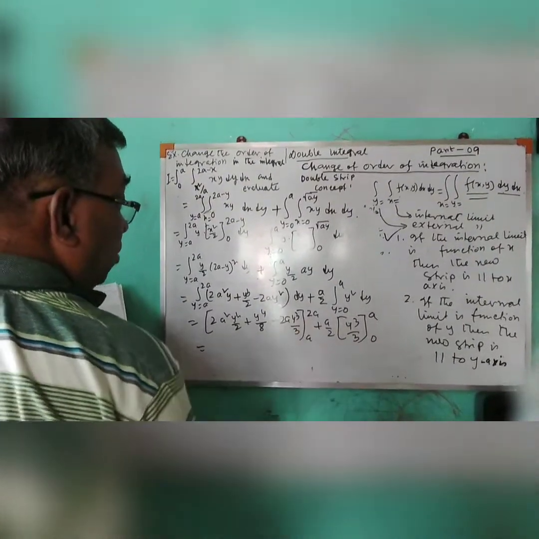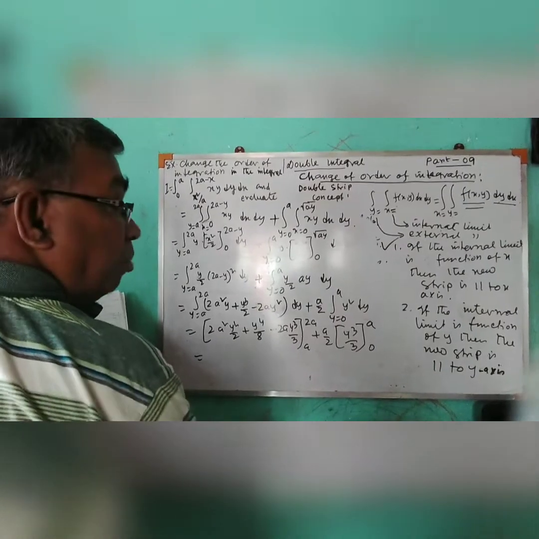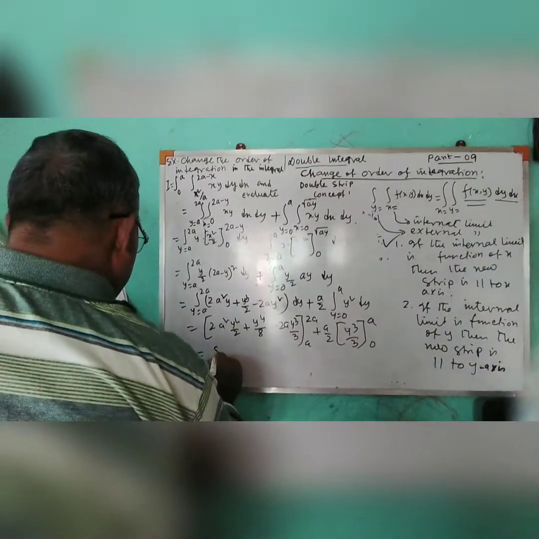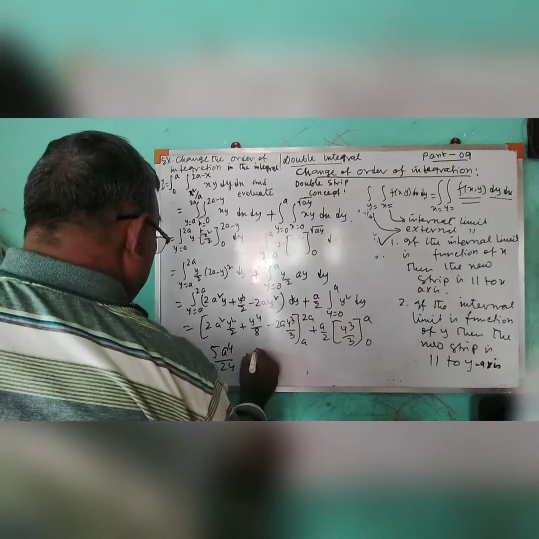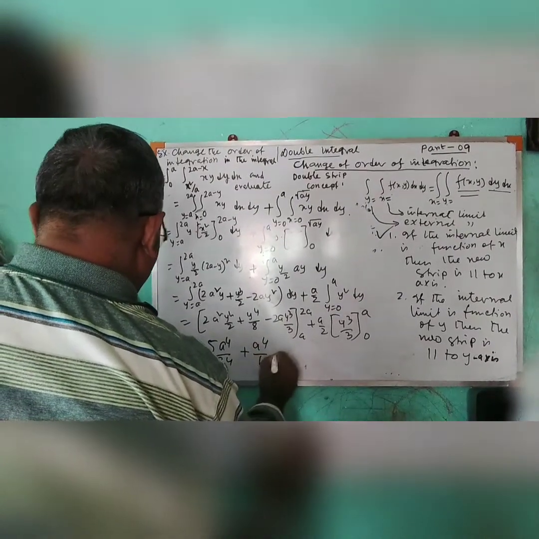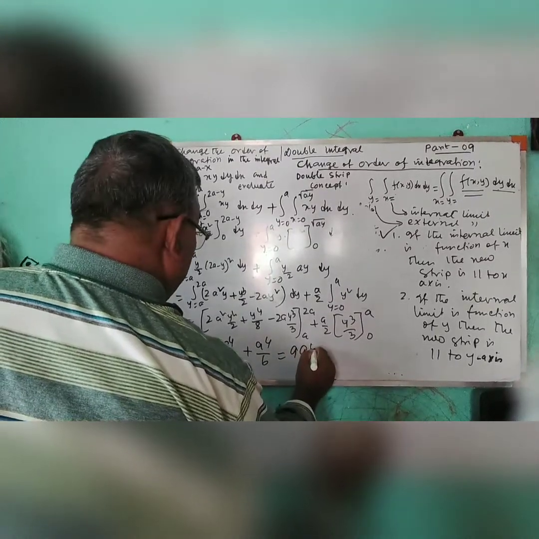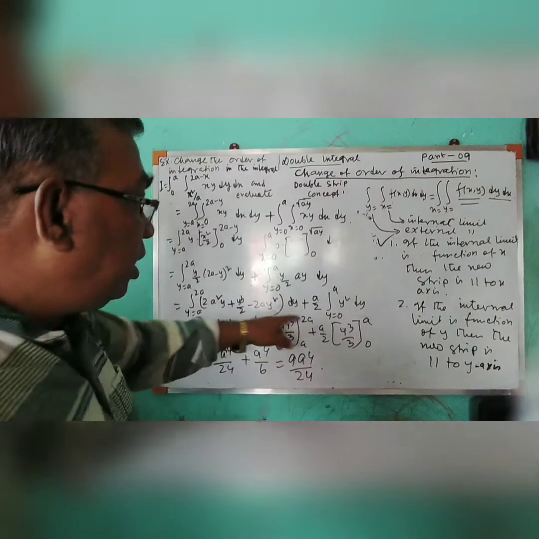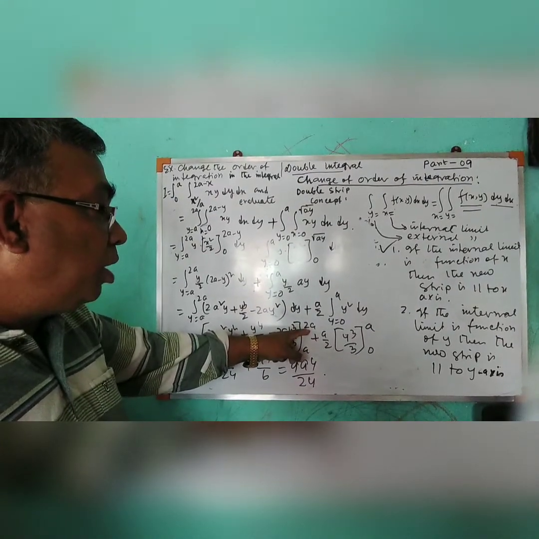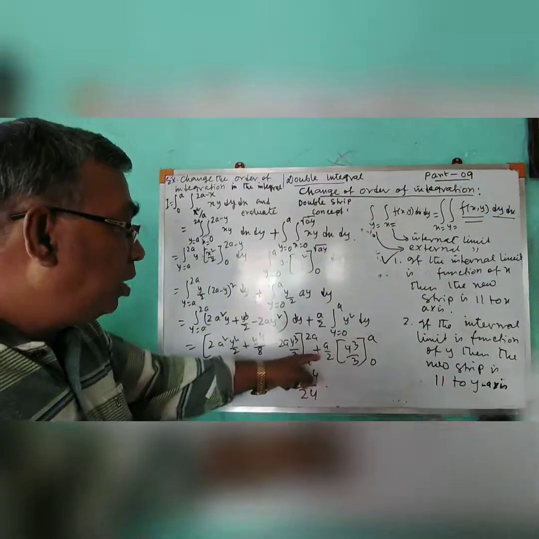If we put upper limit minus lower limit, then after simplification we are getting this will be 5 a to the power 4 by 24 plus a to the power 4 by 6. That comes 9 a to the power 4 by 24. I am not simplifying this part. In place of y, you have to put upper limit, then lower limit minus.